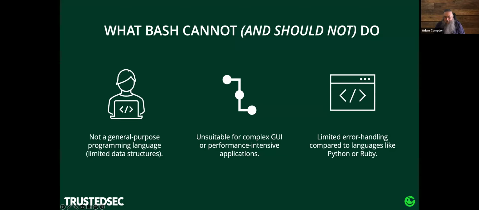It's great for automation, system maintenance, stuff like that. But when it comes to things that are very GUI intensive or memory intensive, things of that nature, Bash might not be your go-to choice there, or any shell environment, really, for that matter. Additionally, error handling is fine in the way that you can set traps for SIGINT or SIGTERM and SIGHUP and things of that nature.